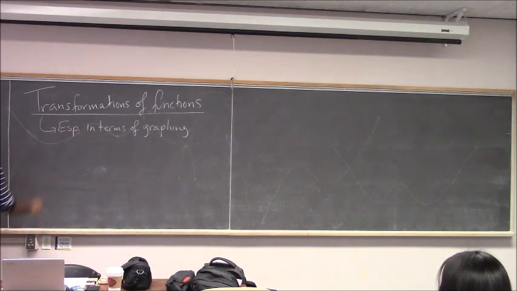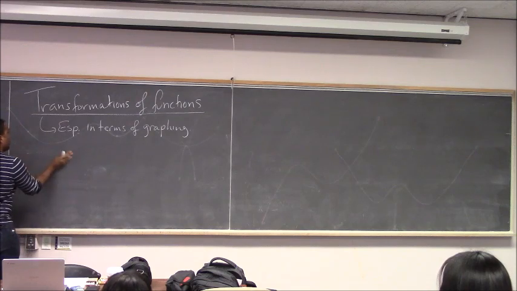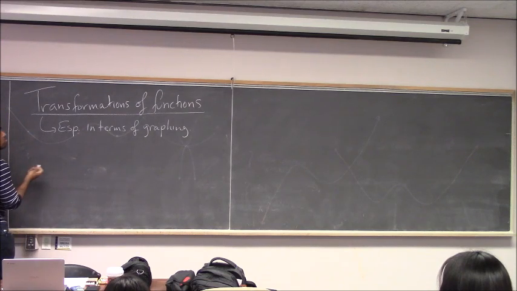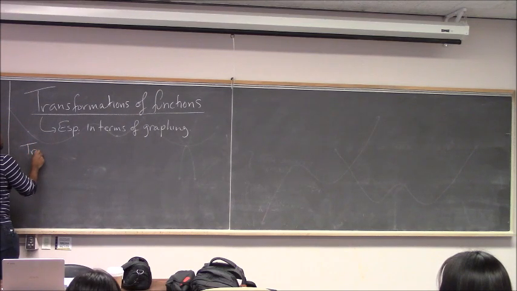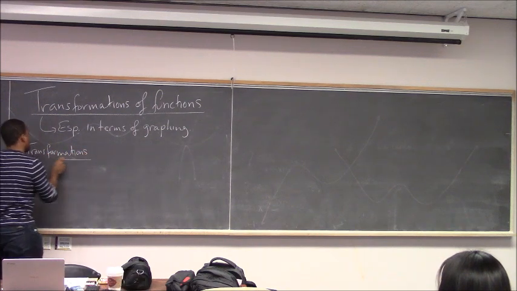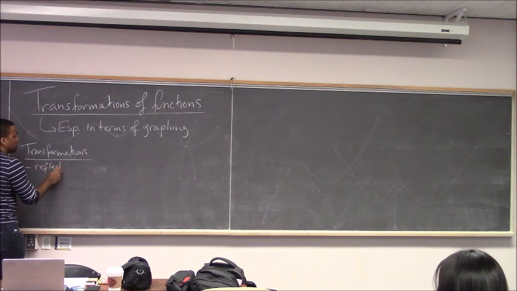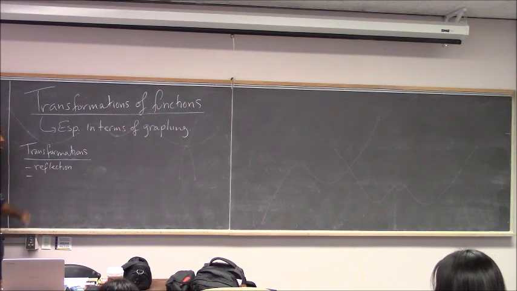And so how I want you to think of transformations, there are a few of them. Let's talk about the kinds of transformations we have. A transformation, in terms of a picture, is going to be either a reflection.